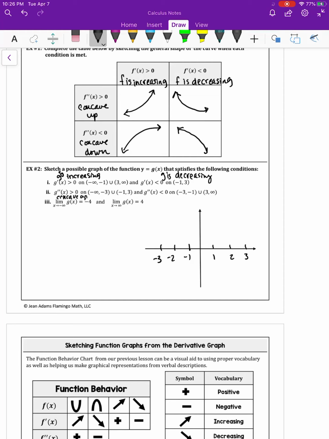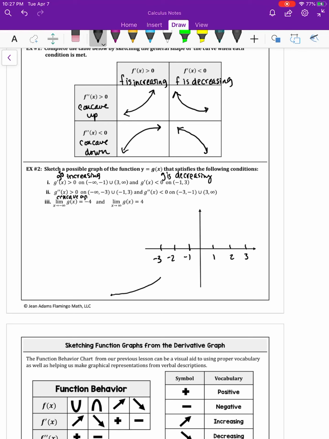We also know concave up from negative 1 to 3. So it's increasing to negative 3, but it's still increasing from negative 3 to negative 1, but no longer concave up. Then it starts being concave down.